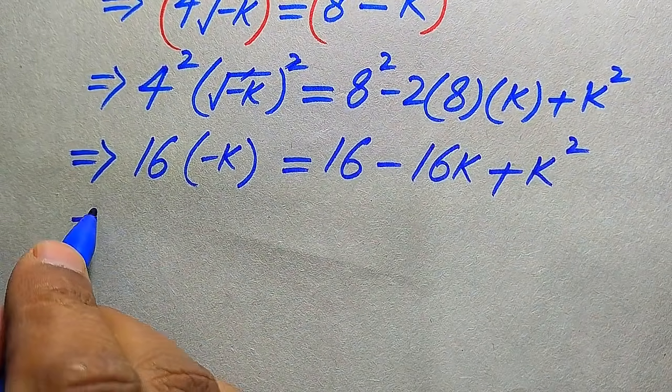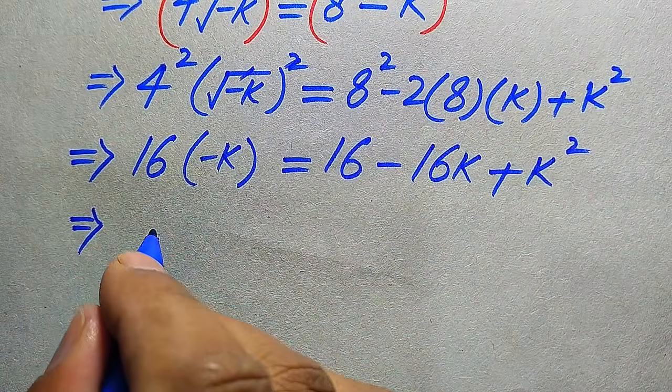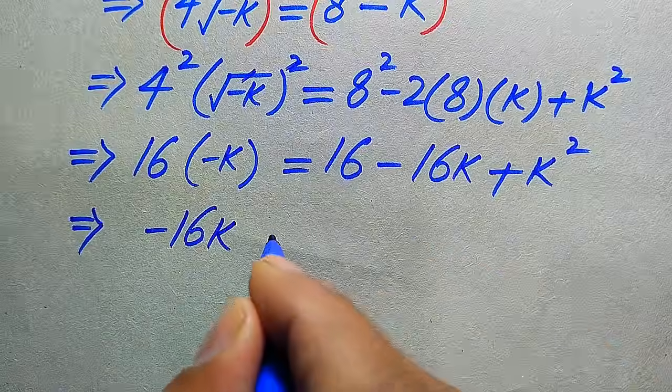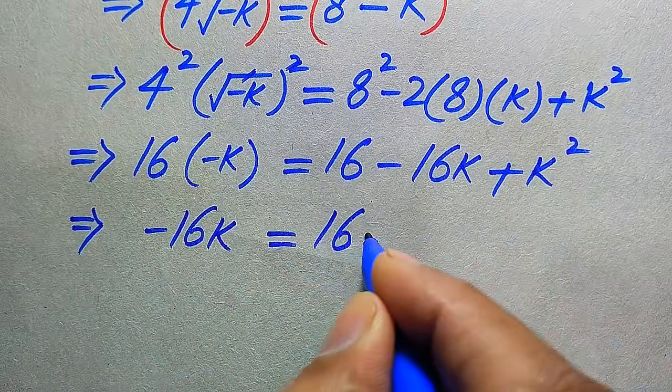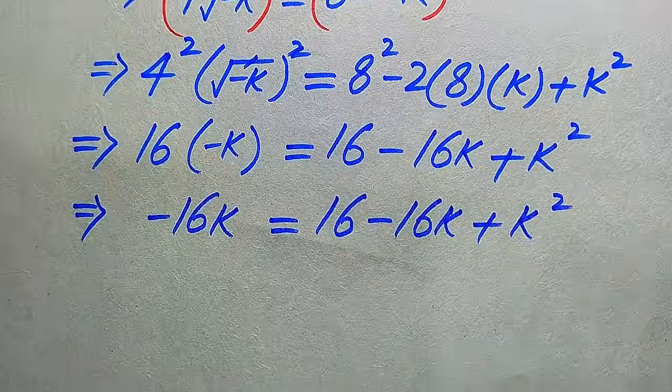And now here further in the next step we need more simplifications, and it will be written as, this is 16 times minus k becomes minus 16k is equal to, this is 16 minus 16k plus k square.